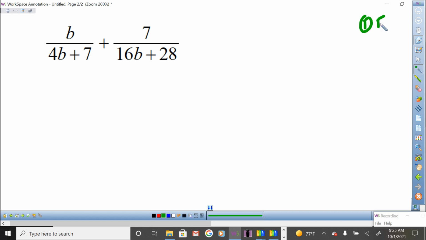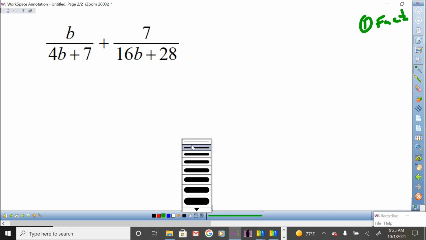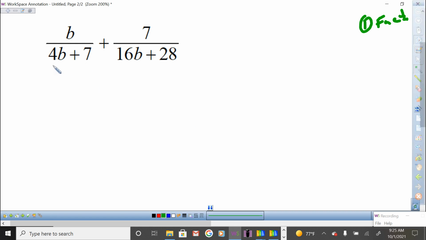Step 1 is to factor. So I'm going to factor the denominator. Can I factor this anymore? No, so it's 4b plus 7. Can I factor this one? Well, not with Power Rangers, but I can check for GCF. What's GCF?